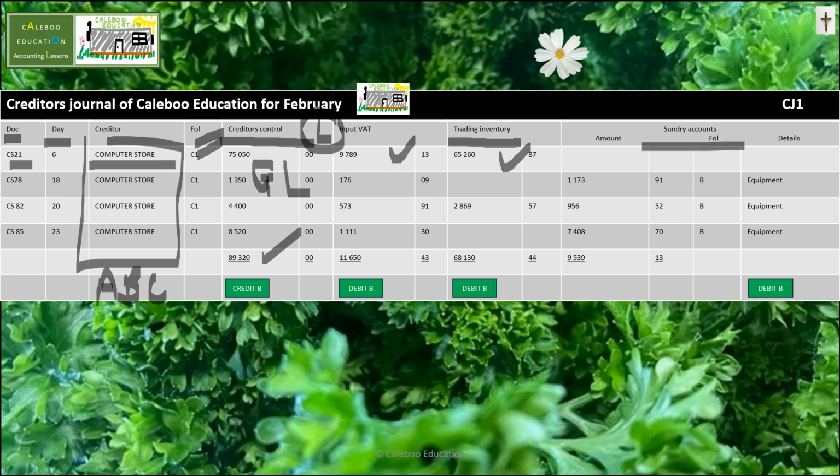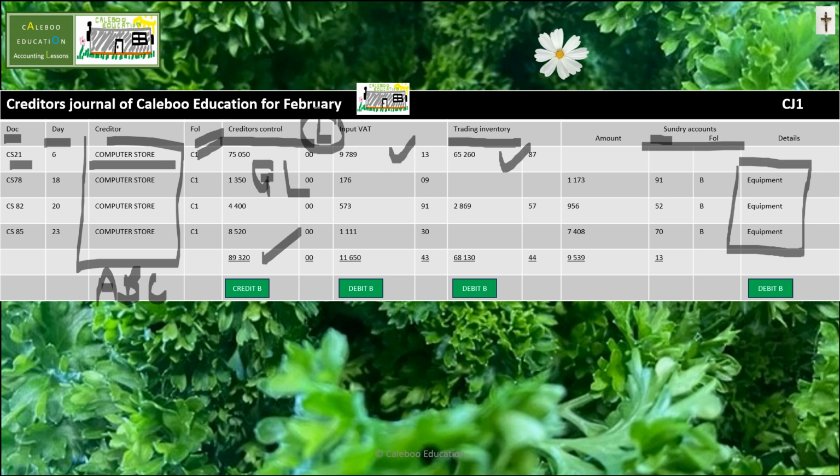This is a little bit out of the ordinary, that we made 3 purchases of equipment and it's been placed under sundry. We could have had one column for equipment, but let's work with what we got here. And so those are the column headings for a creditor's journal.